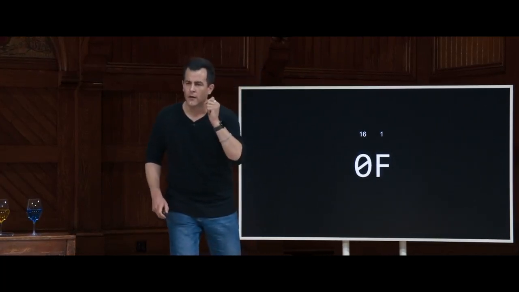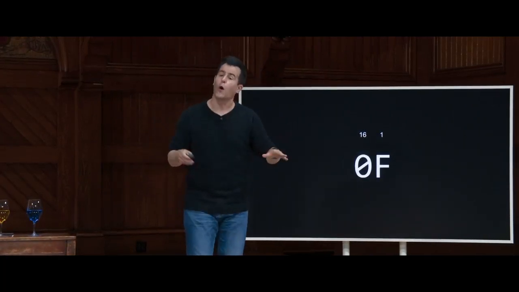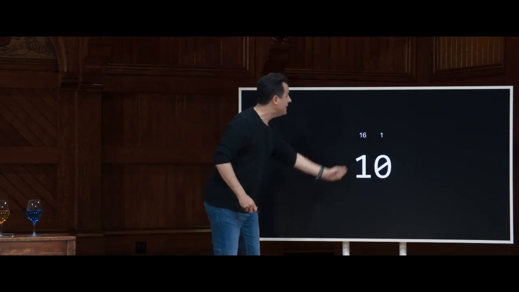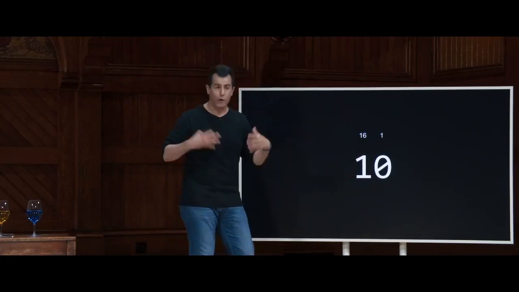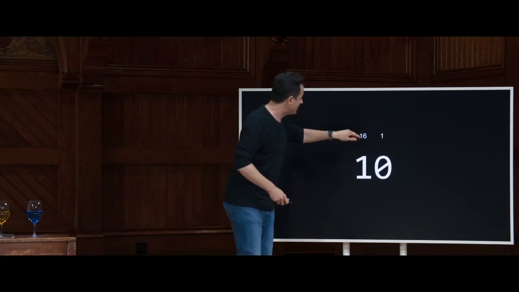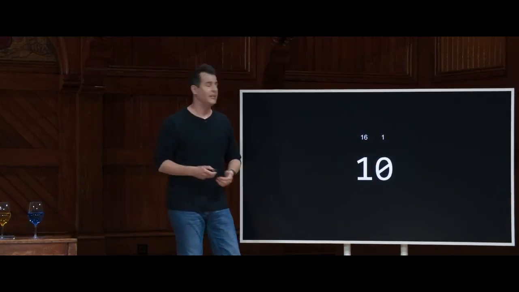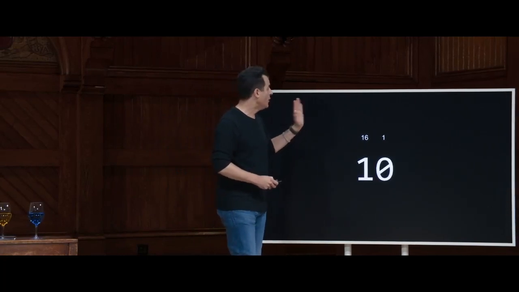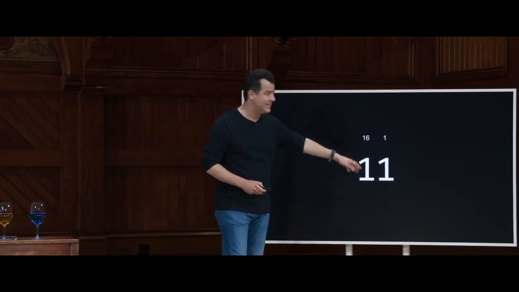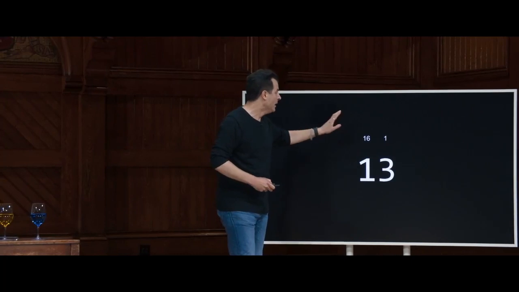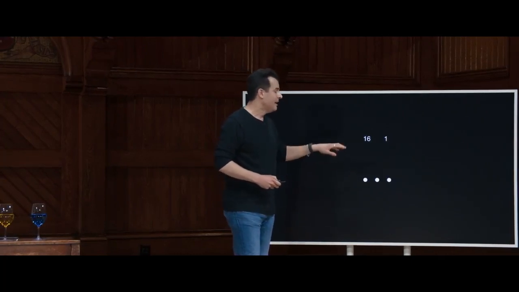Yeah. Exactly. So not 10, quote unquote, but 1, 0, because the 1 in the second column here to the left actually represents the 16s place. So it's 16 times 1 gives you 16, plus 1 times 0 gives you 0, so 16 in total. So this now is the way the number you and I would think of as 17, 18, 19, 20, 21, and so on.